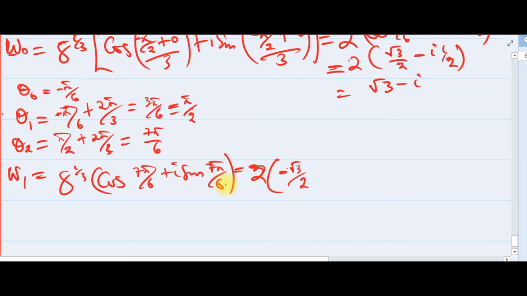The same thing for sine: minus i times half, because sine 30 is half. So we have minus root 3 minus i.